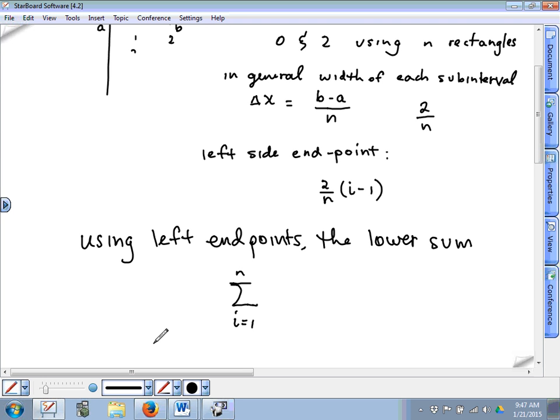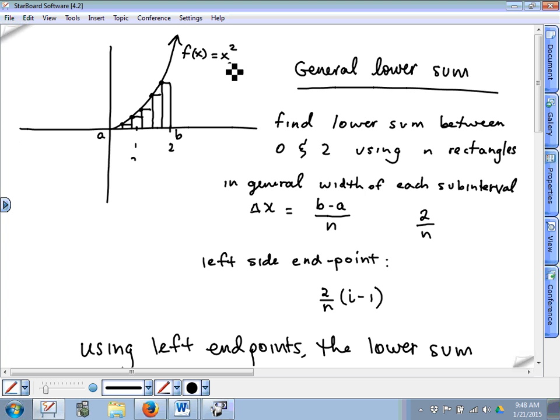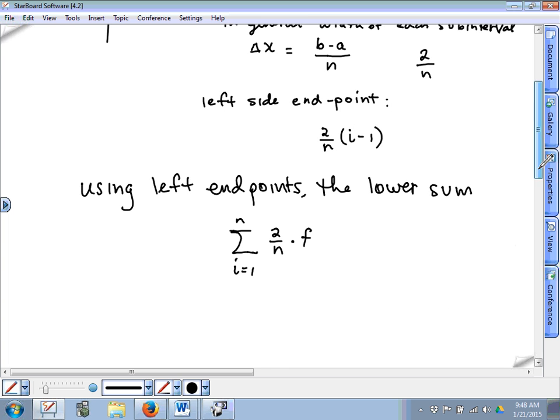Refer back up in your notes to the previous example. What were we taking after we had the sigma? Didn't we have the width? Look at your example there. What was the width in this case now? So we're going to have 2 over n. Now we have to multiply that by an actual function value. So that's going to be f. And what is f in this case? In this case, f is x squared. Our input was this value right here, 2 over n times i minus 1.